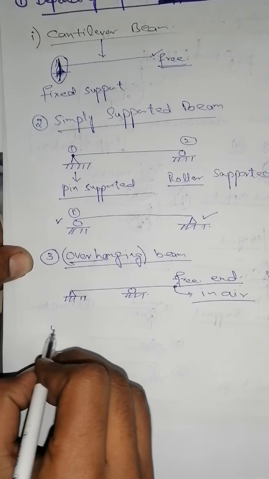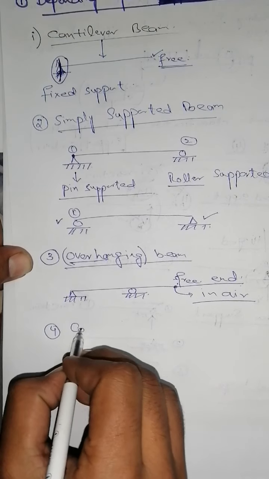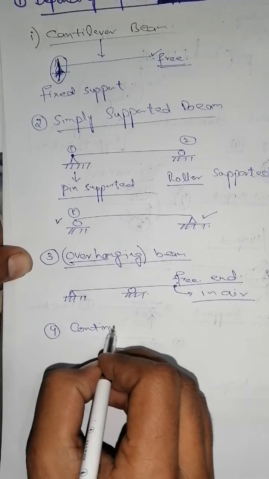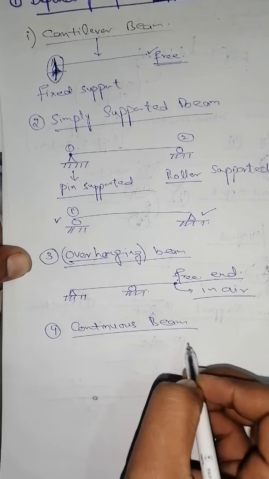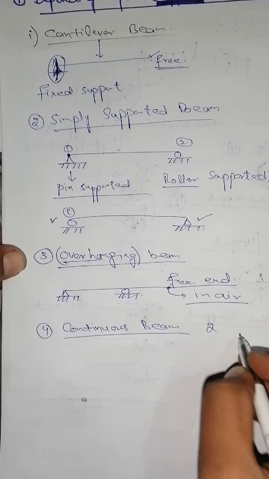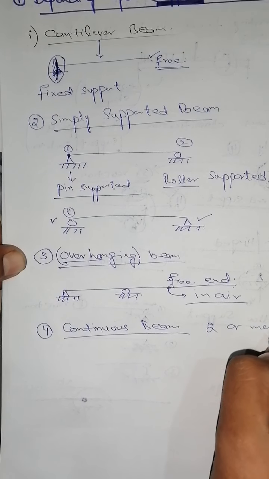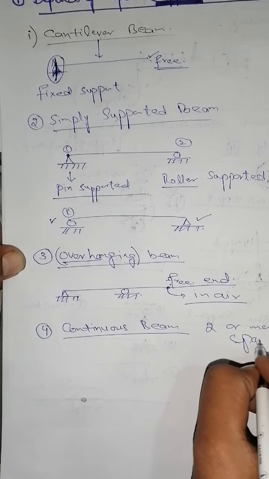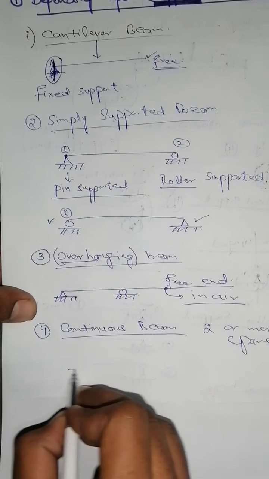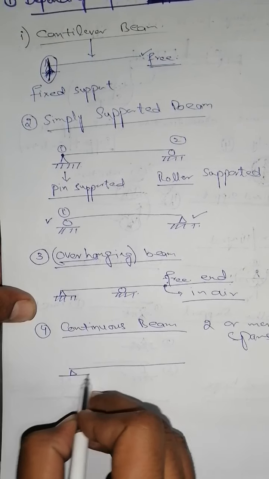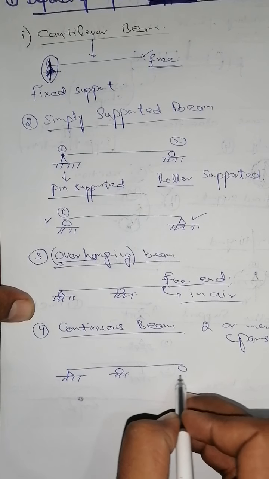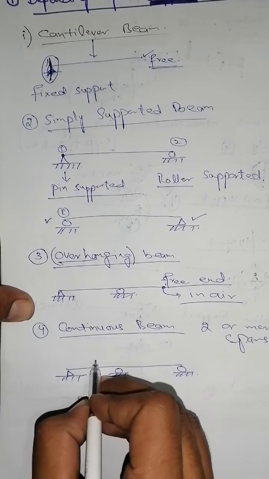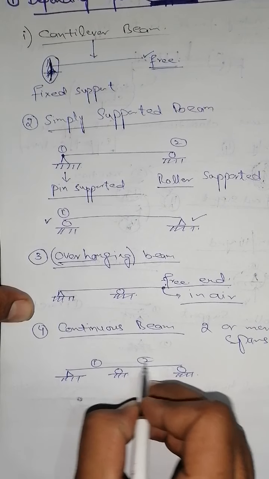And the fourth type of beam is the continuous beam. A continuous beam has two or more continuous spans. We can show it as this is a hinge support, this is a roller support, and this is a roller support. It has two spans, span number one, span number two.